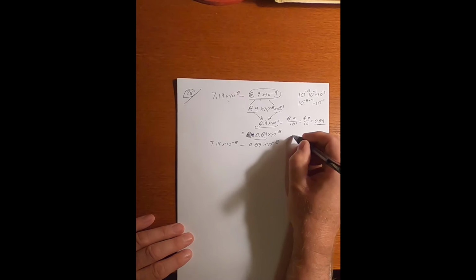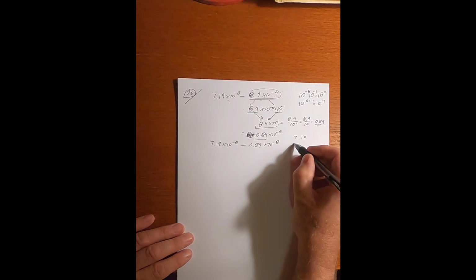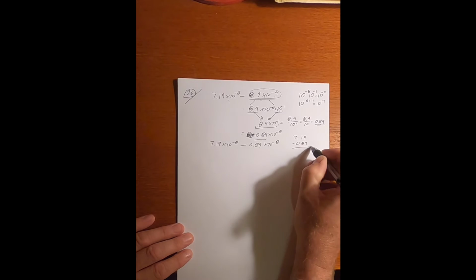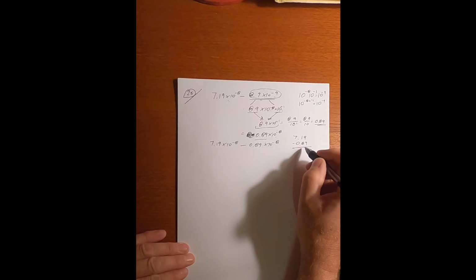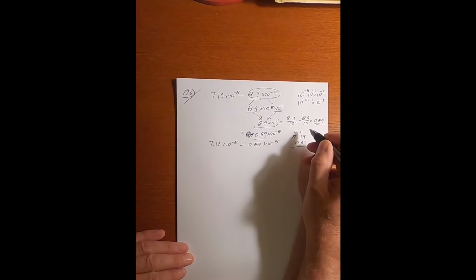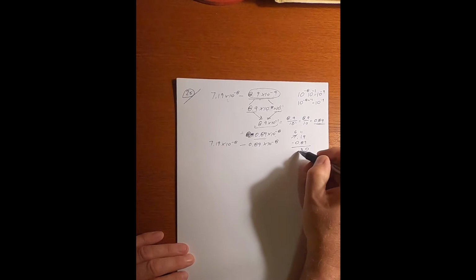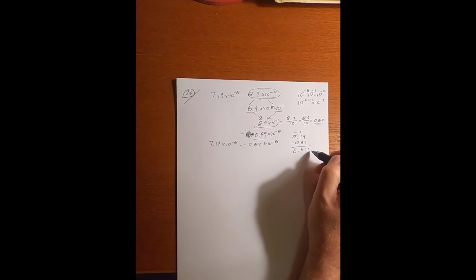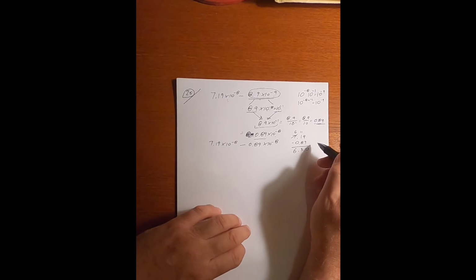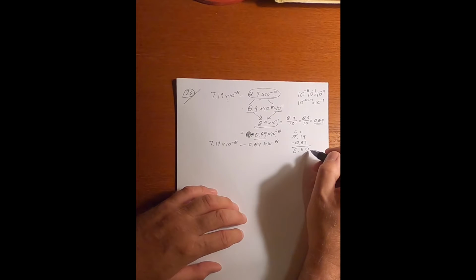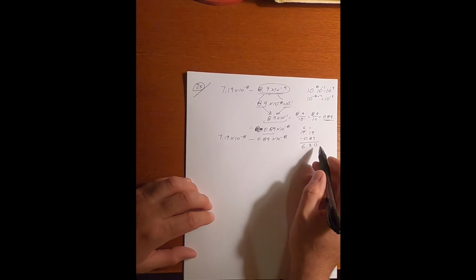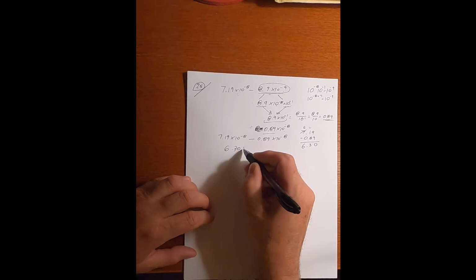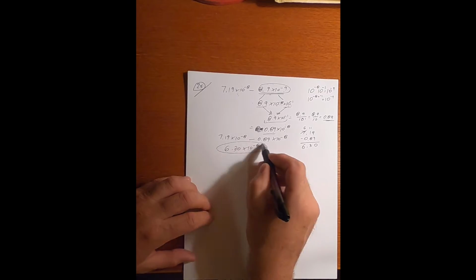Now it's a simple process. 7.19 minus 0.89: I get 0, this becomes a 6, that's 11, I get 3, and then 6.30. Let's check it. You get 6.30 times 10 to the minus 8, and that's the final answer.